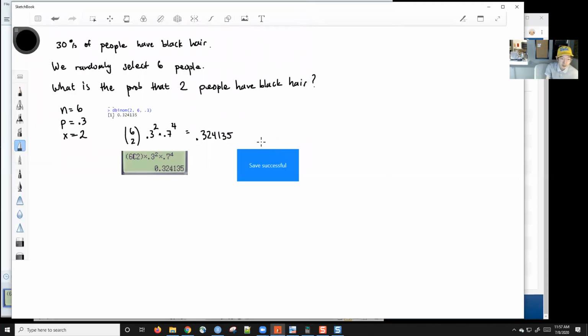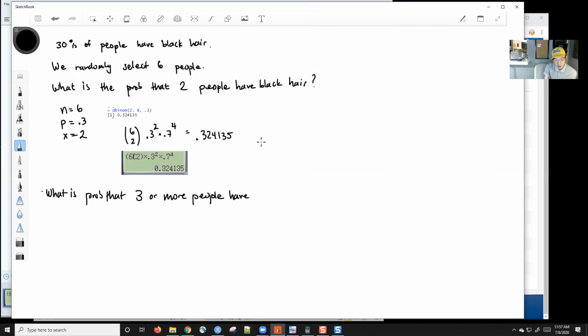Okay, so another problem is we could say, same setup, what is the probability that 3 or more people have black hair?